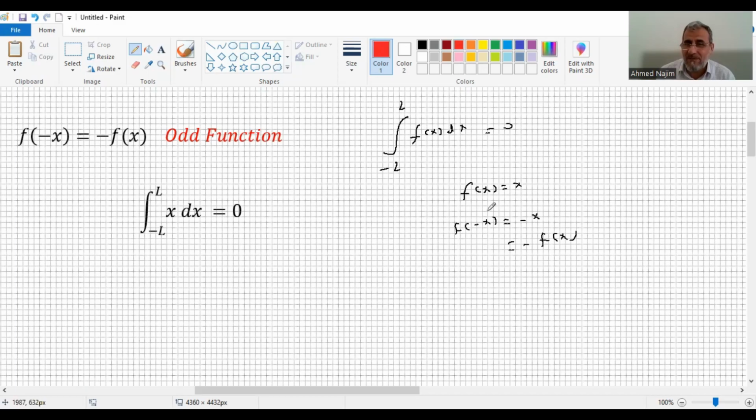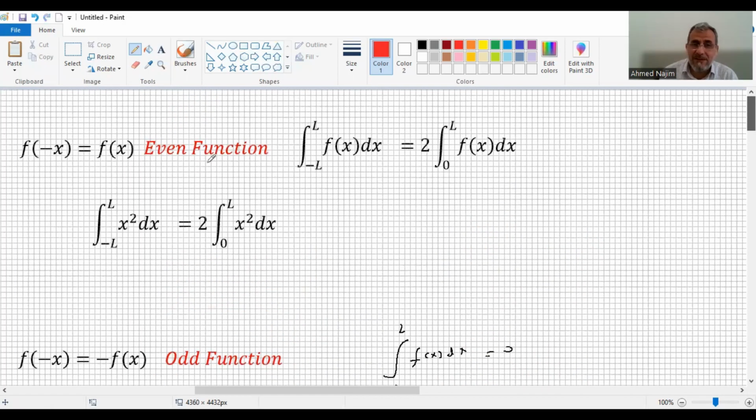Now, the integral of x dx equals 0. This is clear, but the integral is x squared over 2 from negative L to L. So that is half: replace x by L, L squared, minus replace negative L, also L squared. So then it equals 0.